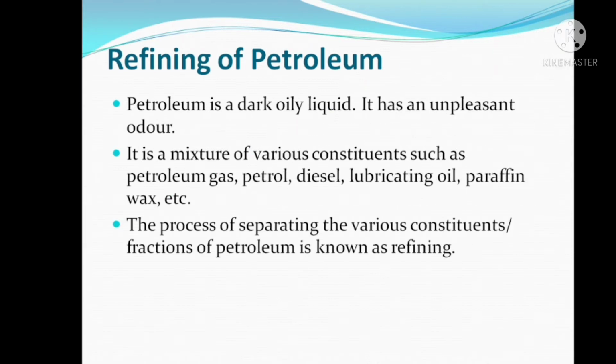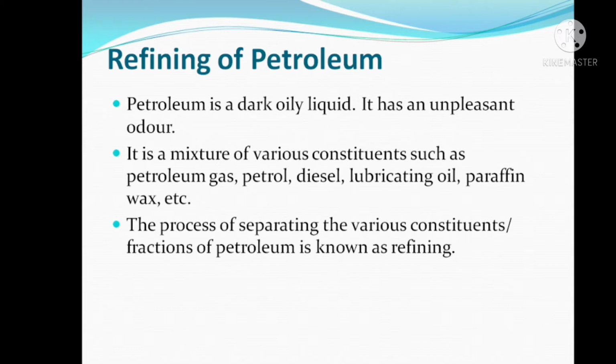The process of separating the various constituents, or fractionation of petroleum, is known as refining. So what is refining? We get this product from the earth, but it is not in different categories. It comes as one material.